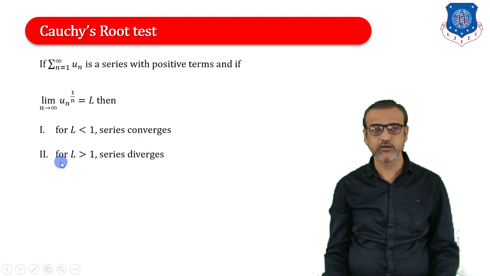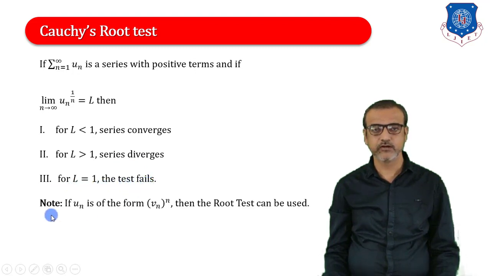Second condition, for L greater than 1, series diverges. Third condition, for L equal to 1, the test fails. Now you have to note down this important point. If un is of the form Vn raised to n, then the root test can be used.